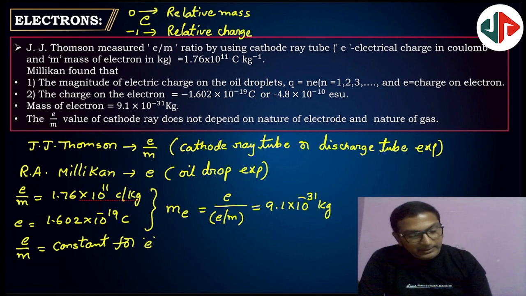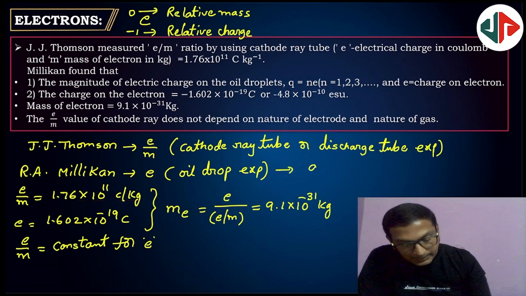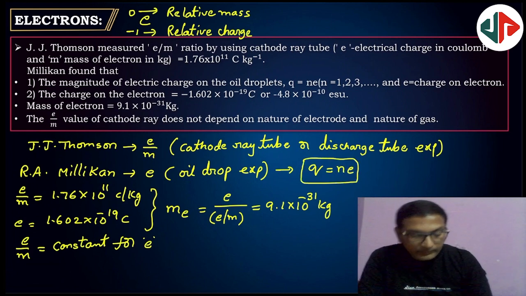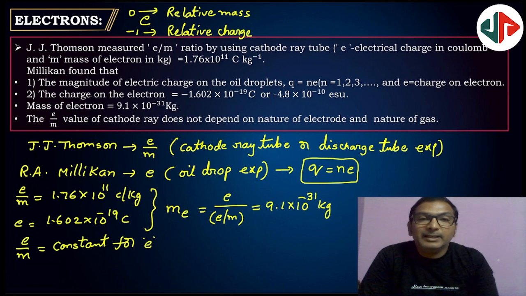Next, Millikan gave one relation for calculating the charge of electron. Here Q equal to Ne. This was the relation given by R.A. Millikan in oil drop experiment.